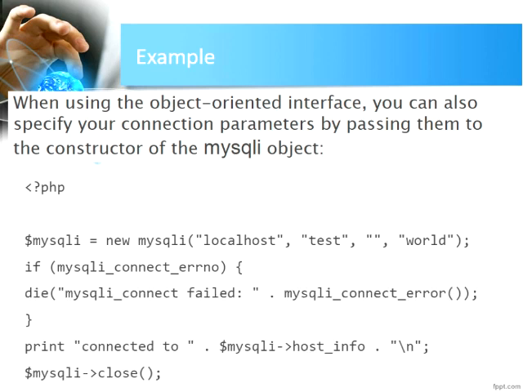After that, we can also use an object-oriented manner. So in this case, we will create an object MySQLi. So new MySQLi is an object-oriented interface, and after that we will specify the same parameters as the procedural manner.